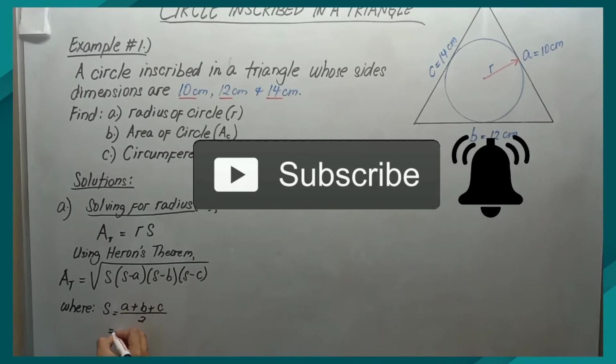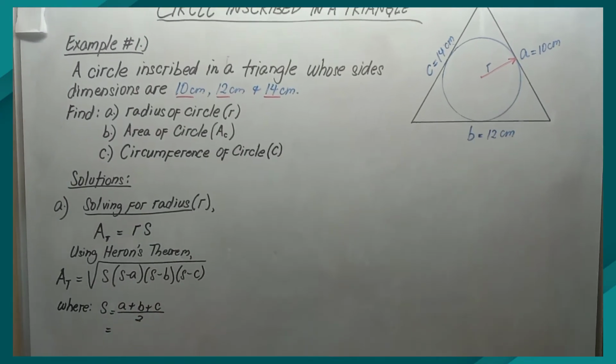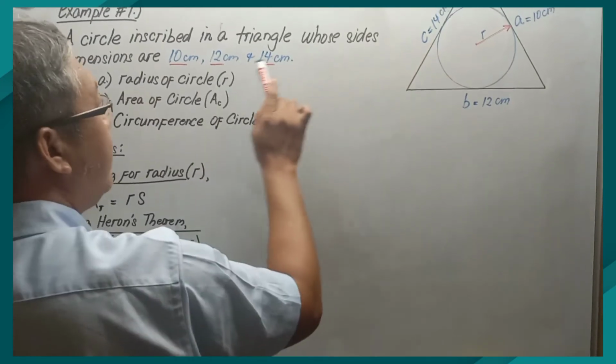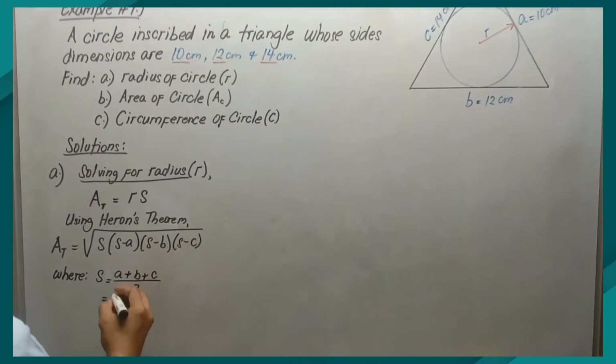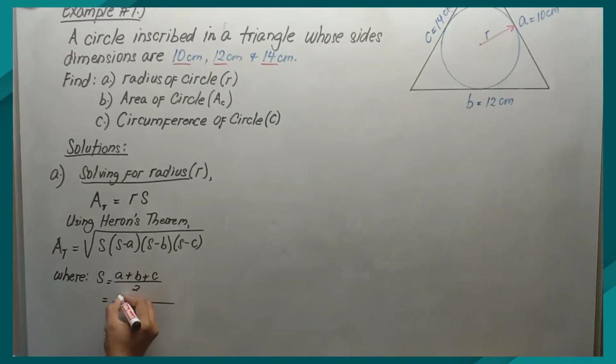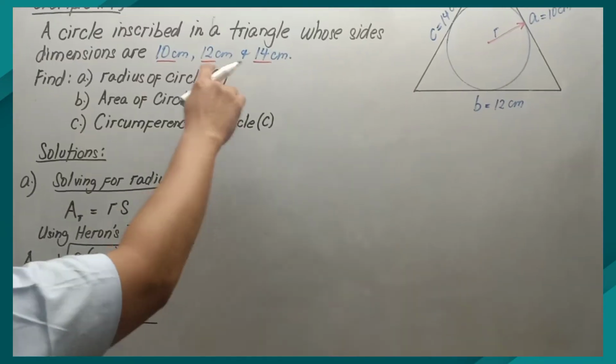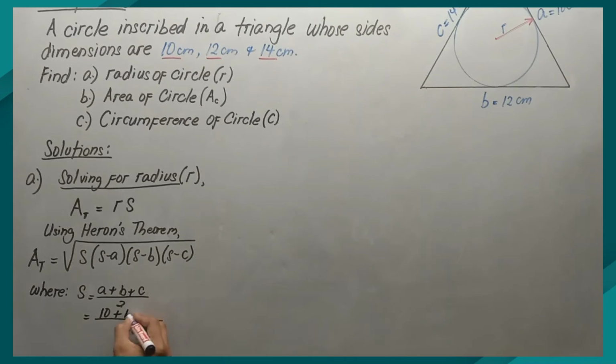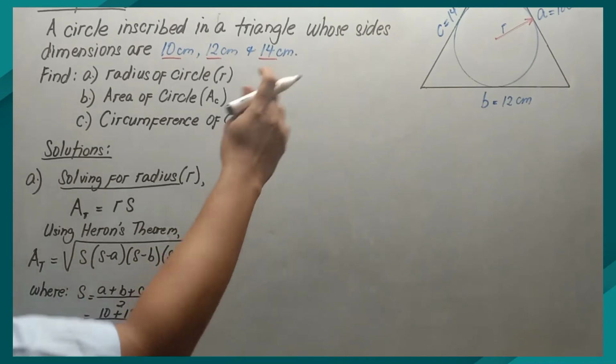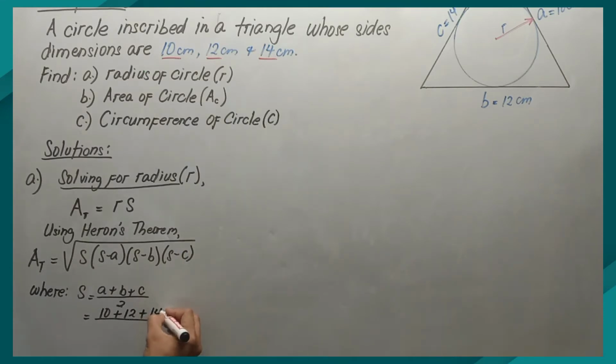So substitute, guys, the three sides. How much is A? A is 10 centimeters. 10 plus how much is B? B is 12 cm. And the third side, C, is equal to 14, over 2.